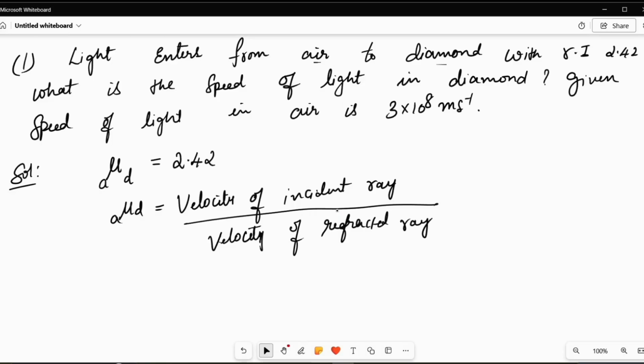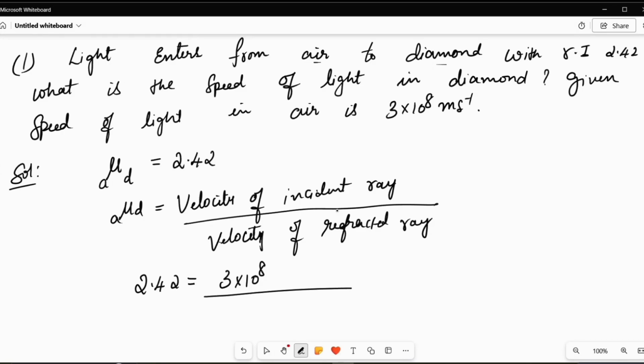We studied this. Velocity of incident ray to the velocity of refracted ray is the mu. So mu value he has given, 2.42. And velocity of the incident ray is what? Velocity of light in air, which is equal to 3 into 10 power 8 meters per second.